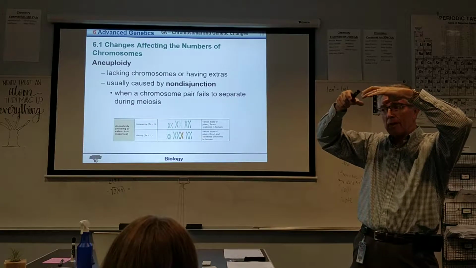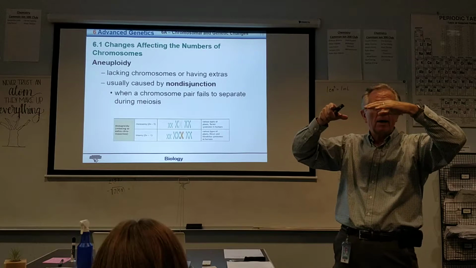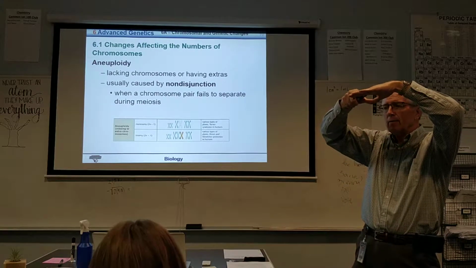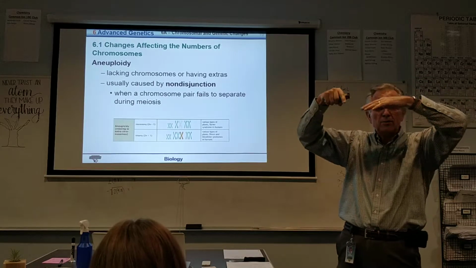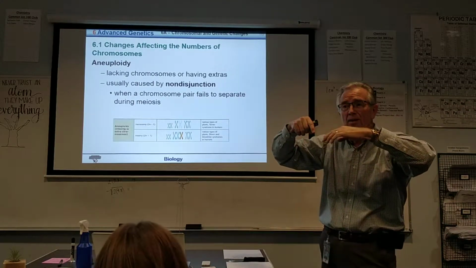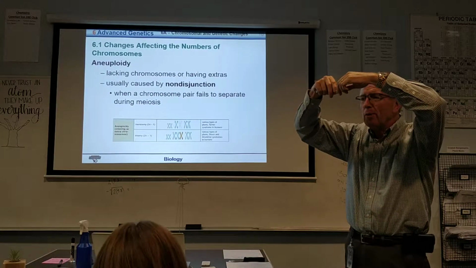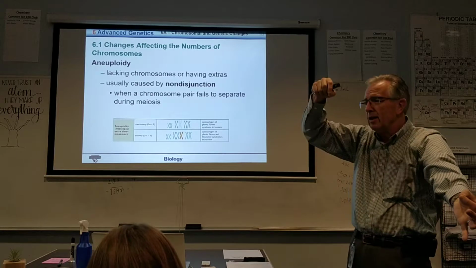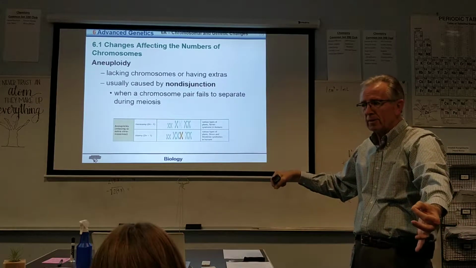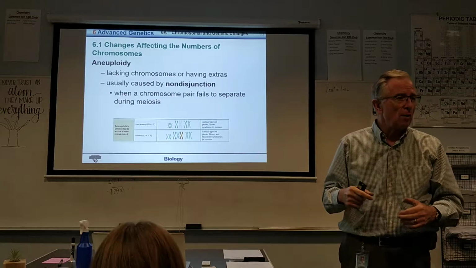This has to happen during meiosis because this is going to affect the organism as a whole. When it lines up in the center and we get to the second metaphase, the second meiosis, in other words, the pair of chromosomes should, one go to one sex cell, the other one go to the opposite sex cell. But what's happening here, they don't separate properly.